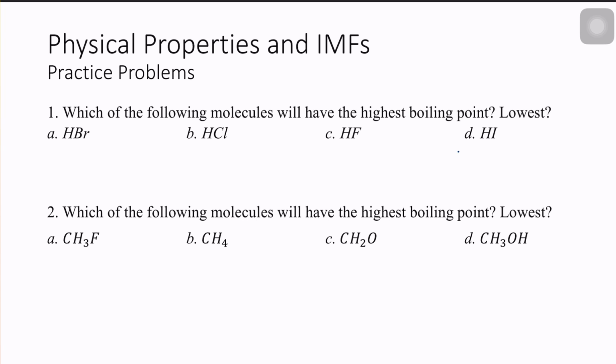So for that reason, the HF has the strongest IMF, so it is going to have the highest boiling point. Of the other three, HCl, HBr, and HI, they all have similar IMFs. They all are dipole-dipole. So then you have to look at size. HCl is the smallest, so it is going to have the lowest boiling point.